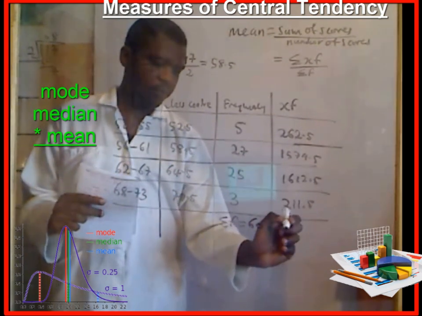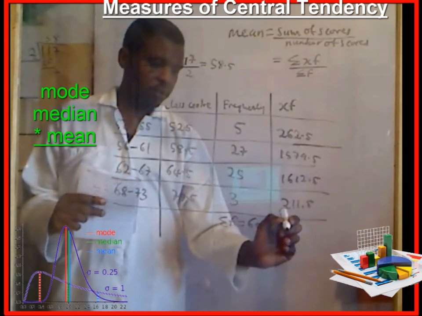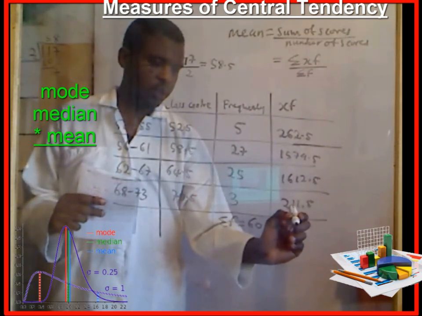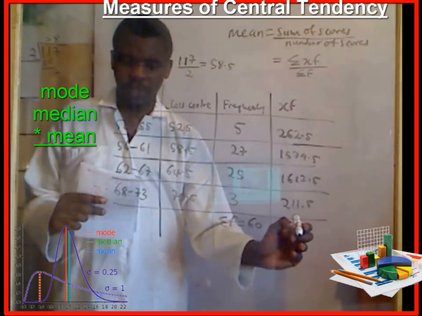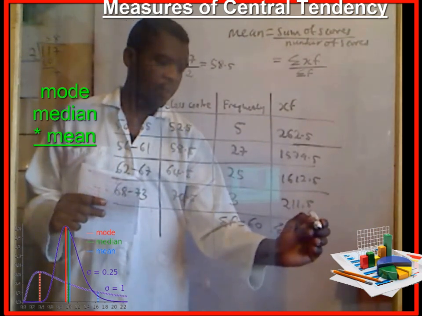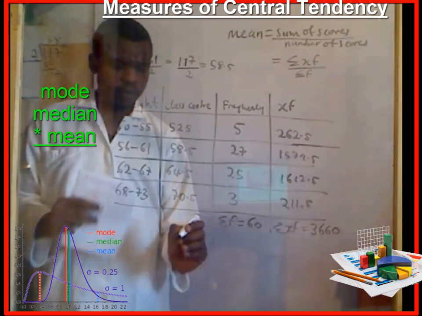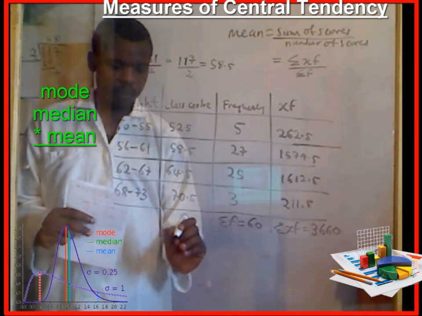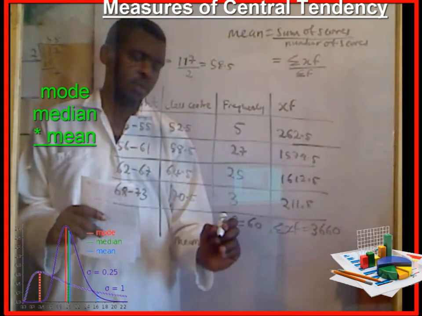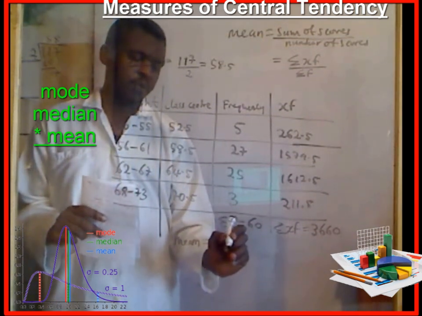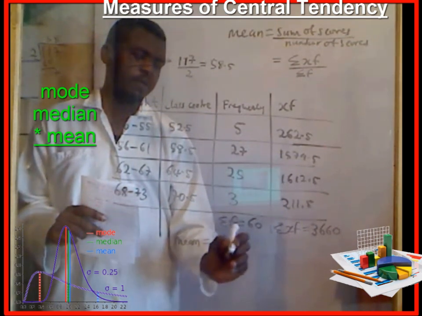The sum of the product between the class center and the frequency gives me 3660. The mean is the sum of the class center and frequency divided by the sum of the frequency.